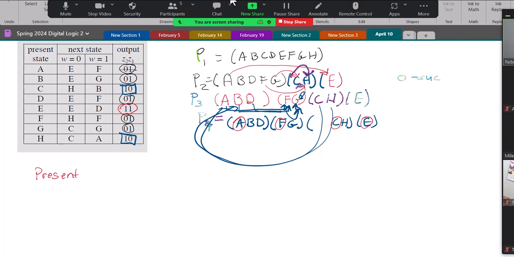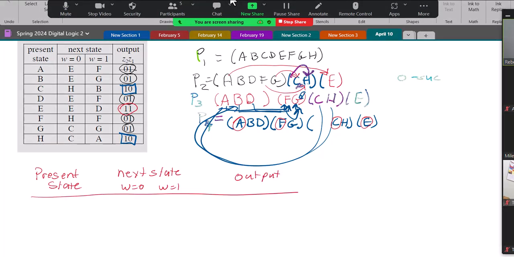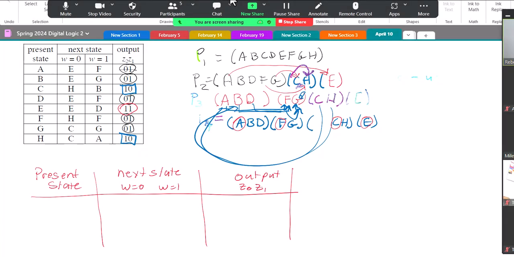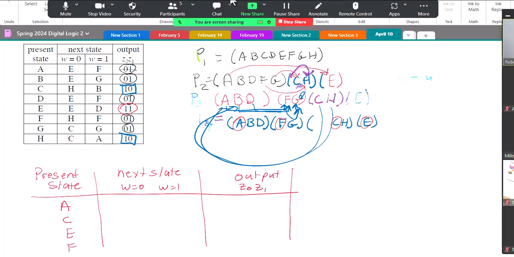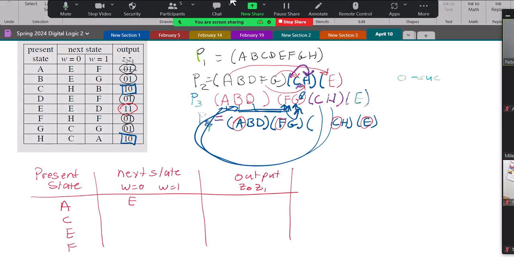So I'll have present state, next state, and output. My present state will be A, C, E, and F. For A, when W equals 0, my next state is E, and that is one of the states I have here, so I'll use that one.